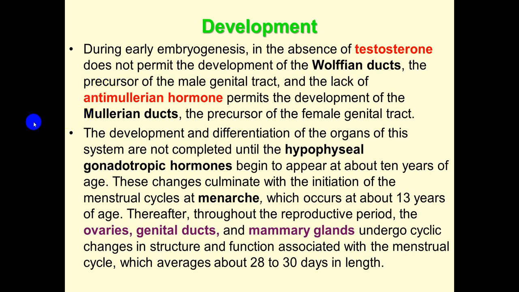Sertoli cells produce anti-Mullerian hormone, or anti-Mullerian inhibiting factor. So when testosterone is absent, the Wolffian duct is not permitted to develop, and if anti-Mullerian hormone is absent, the Wolffian duct obliterates and the Mullerian ducts get further development. And these Mullerian ducts are precursors of the female genital tract.